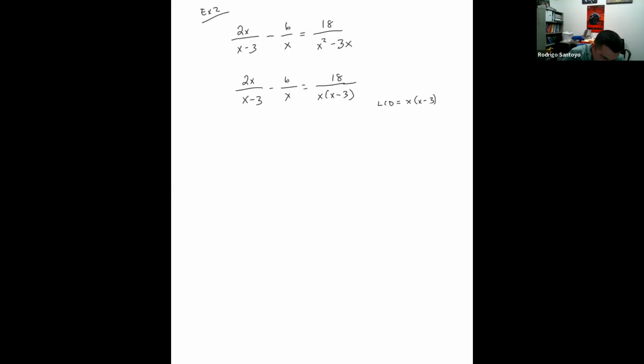All right. So 2x over x minus 3, looks like we're going to multiply that by x. This 6 over x looks like we're multiplying that by x minus 3.